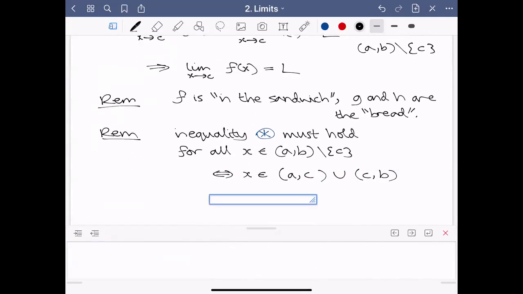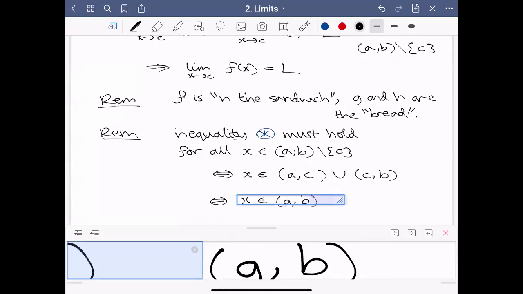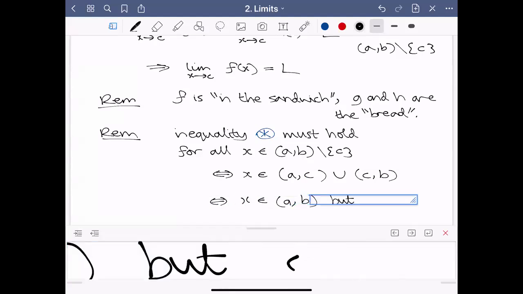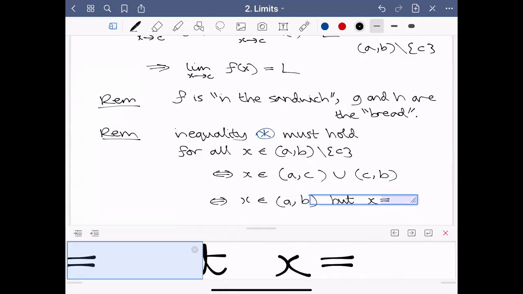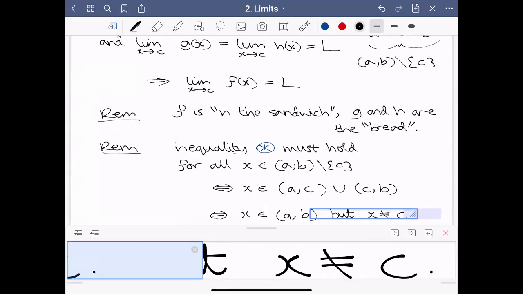And it's the same as x is in (a, b), but x is not equal to c. Okay, so let's give an example of this.